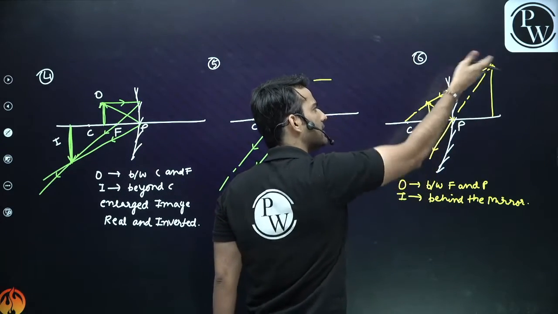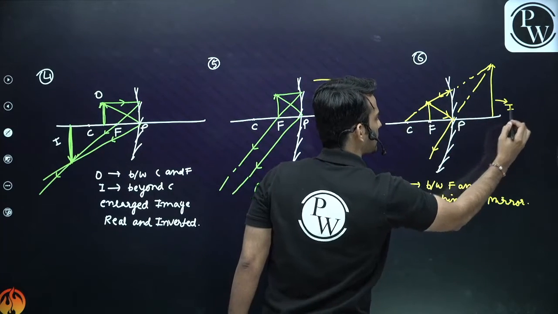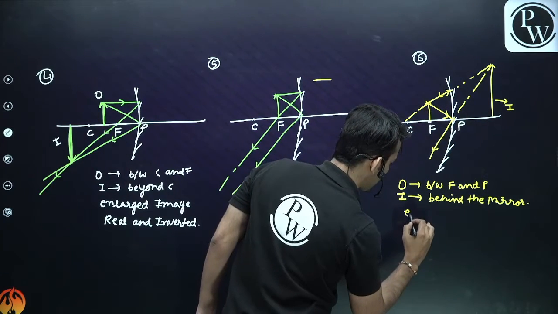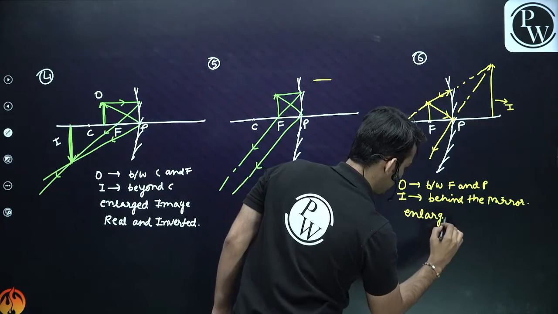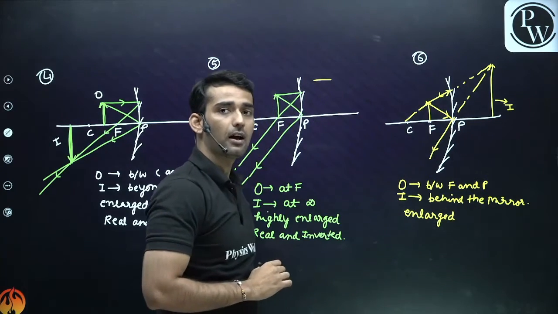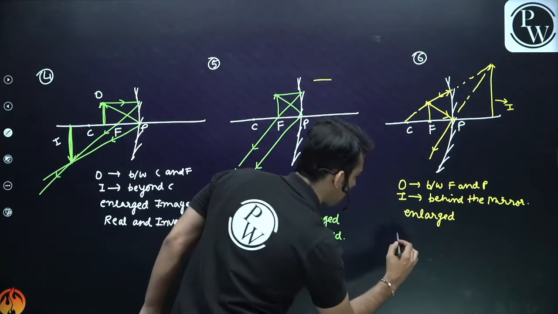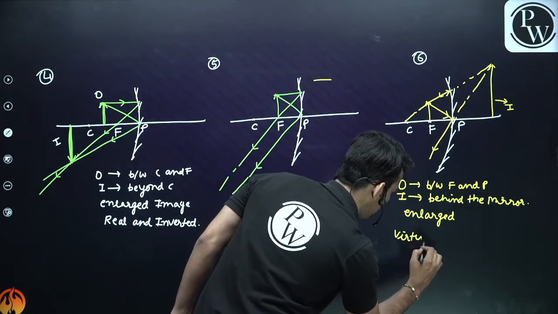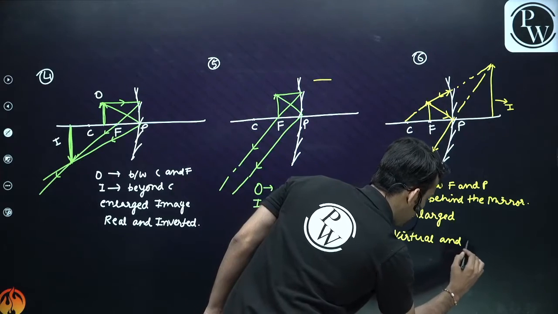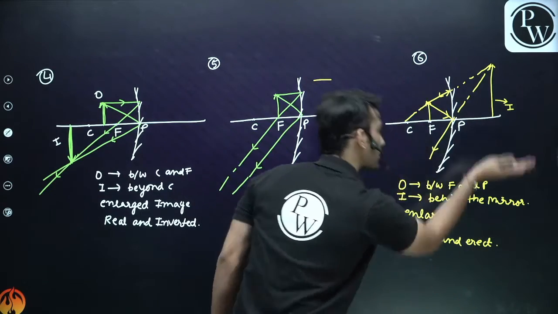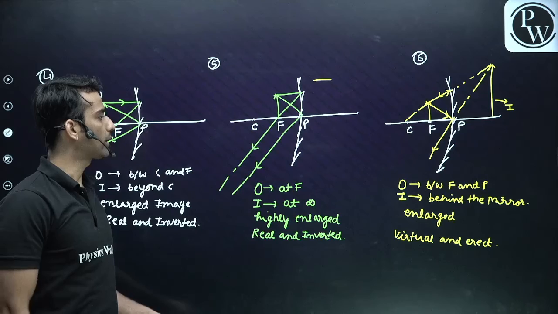Obviously it is bigger than the object. This image is bigger, right? So it is enlarged. Clear? And what about the nature? It is virtual and erect. It is virtual and erect. Clear? Size, enlarged, erect and virtual. Okay, clear?